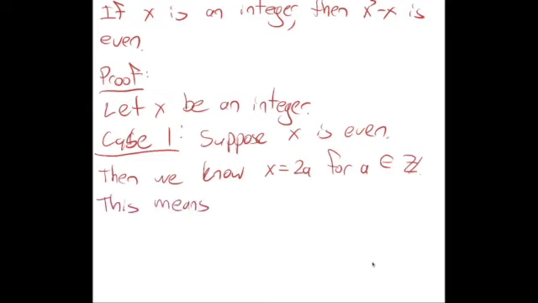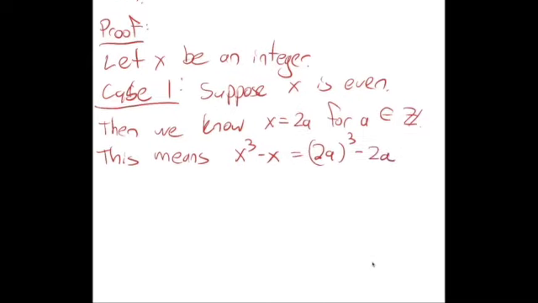And then this means that x cubed minus x is equal to 2a cubed minus 2a, which is equal to 8a cubed minus 2a.